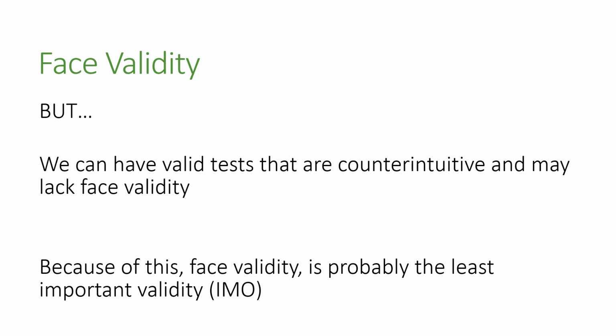That measure might not be face valid, and I think that's okay. In my experience, that would probably be the least important validity, for those reasons. There are some situations where you wouldn't care about it so much. And in fact, you might intentionally make something not look face valid as a way of making it more construct valid.